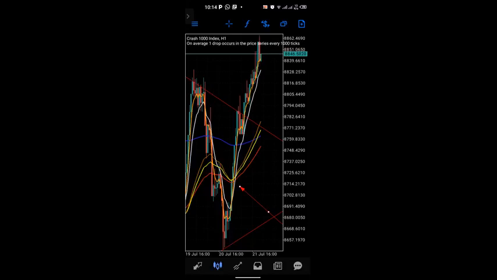Now, when you look at this, you'll see some patterns forming already. Candlestick formation happens in all this area. So a price action trader, a candlestick trader, would have entered the market on this candle.